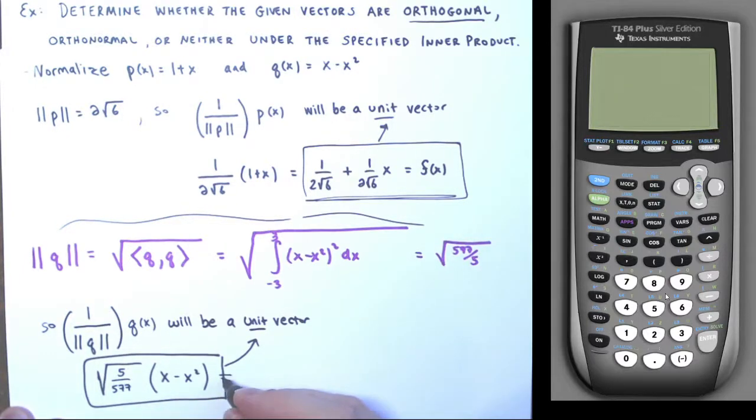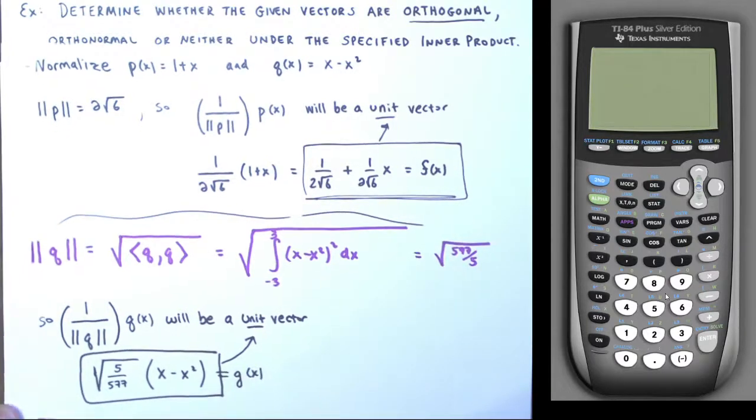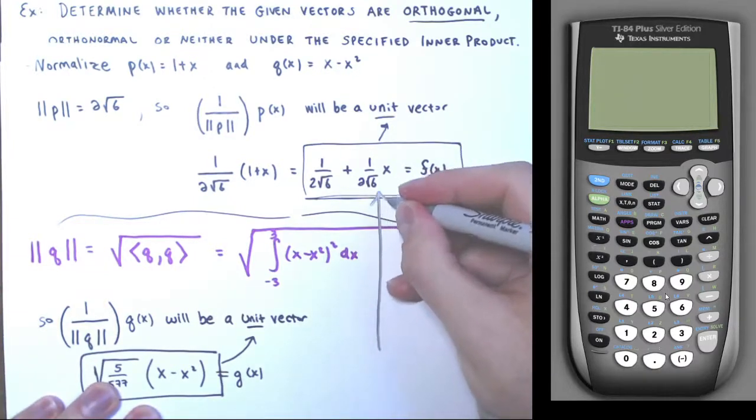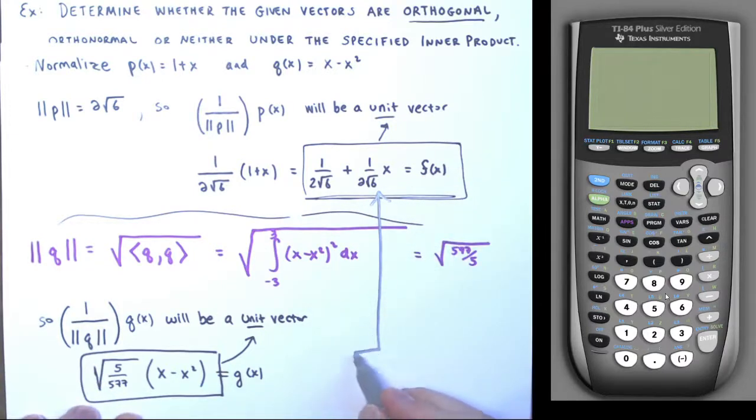And I'll call this g of x, instead of q prime, because I don't want to confuse with derivative. And then there you have it. These two vectors, this function f here and this function g here would be orthonormal.